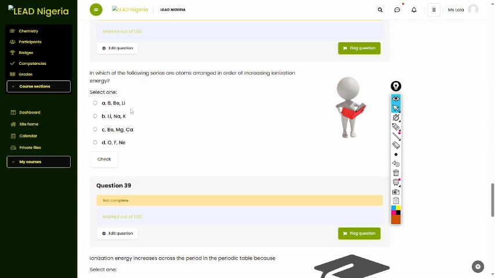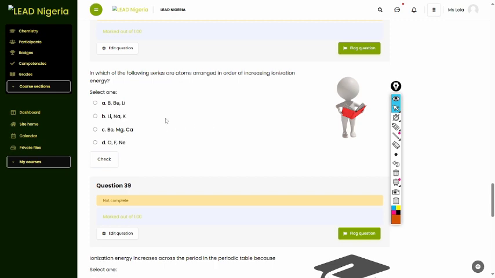So if they're in the same period, the trend we look at will now be the difference in their groups. So the question is, what is the trend of ionization energy when you have different groups? That means across the period. So as you're going across the period, the groups start to increase from 1 to 8. So lithium is in group 1, beryllium is in group 2, and boron is in group 3.